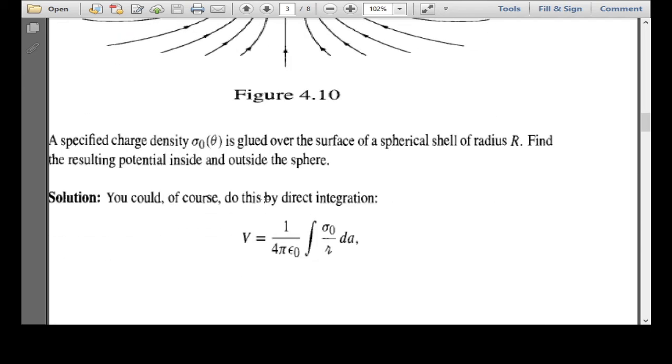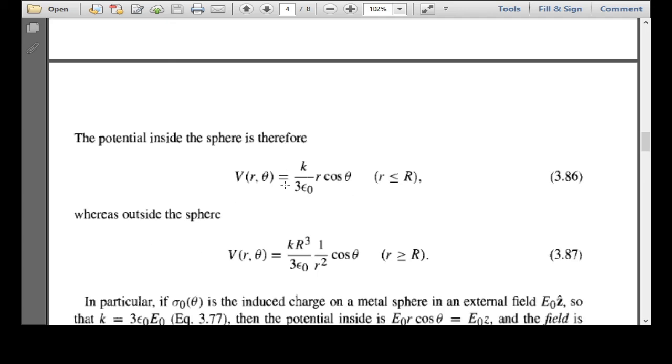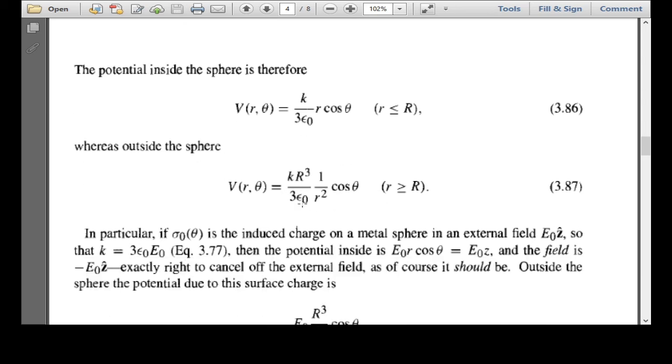In the last problem, we deduced the result of the potential inside and outside the sphere. Actually we can do this by integrating 1 by 4 pi epsilon 0 sigma by r da. If you take a point inside, accordingly you can calculate the value of this integral, and we will get the potential as k by 3 epsilon 0 r cos theta, and for outside k R cube by 3 epsilon 0 times cos theta by r square.